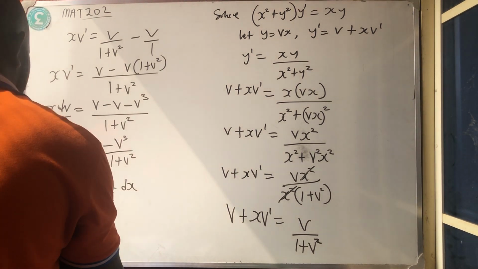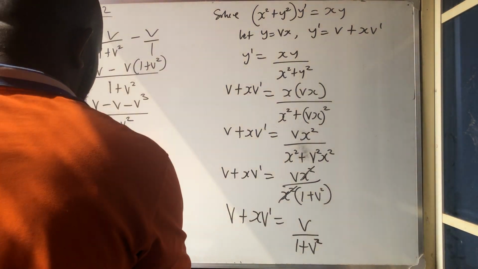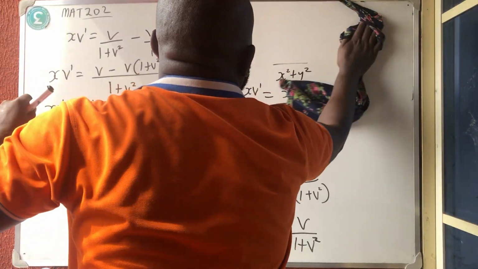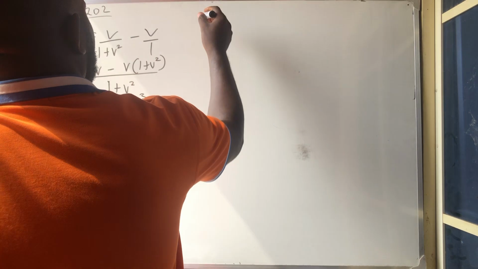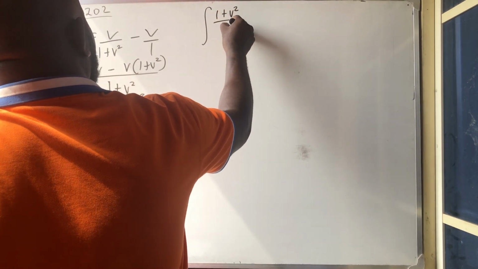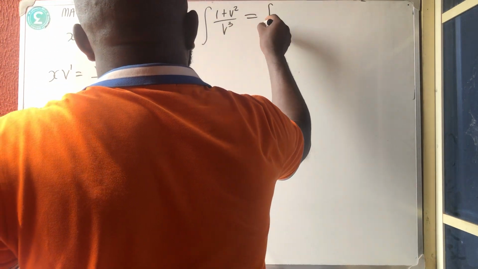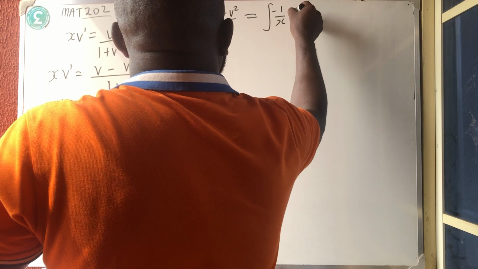So let us integrate. The integral of (1 plus v squared) all over v cube dv is equal to the integral of minus 1 over x dx.